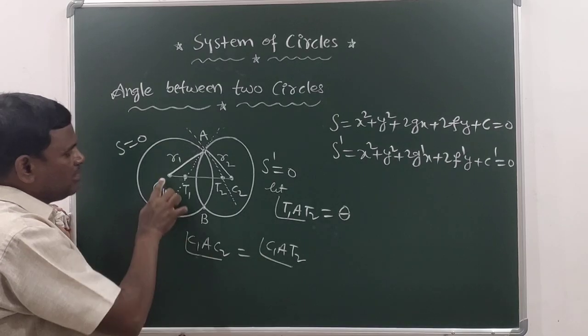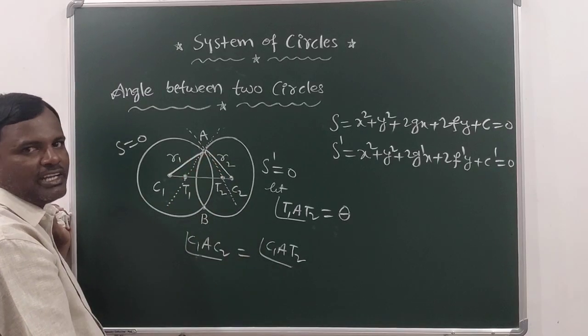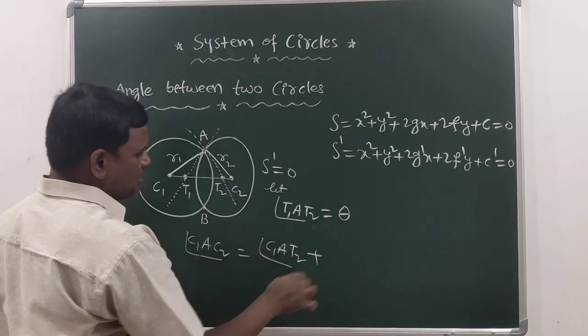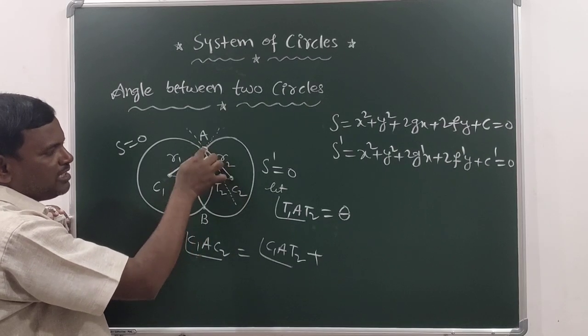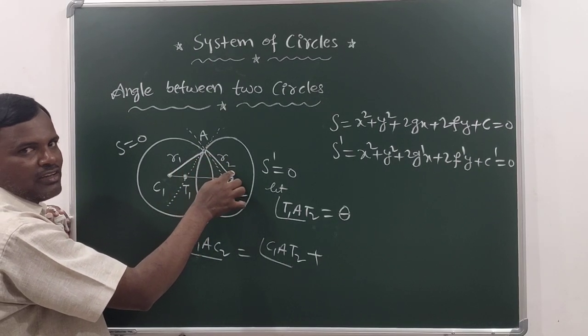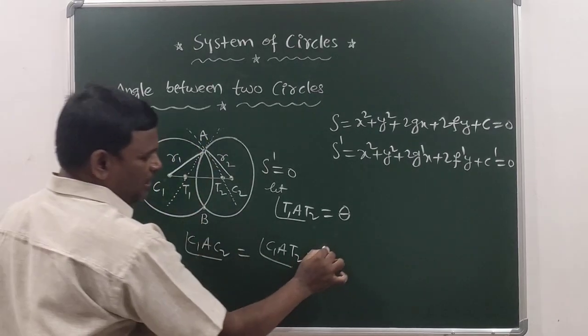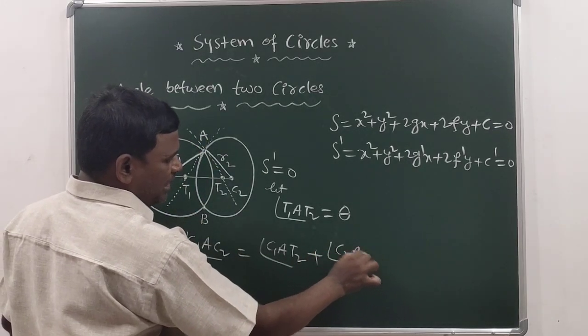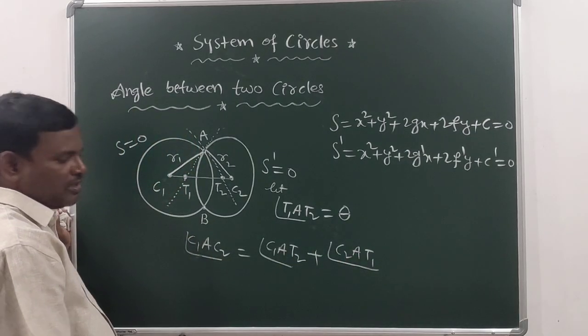So angle C1 A T2 is equal to 90 degrees, plus next C2A, the radius of second circle, makes 90 degrees with this tangent. In that figure, C2 A T1, this is also 90 degrees.